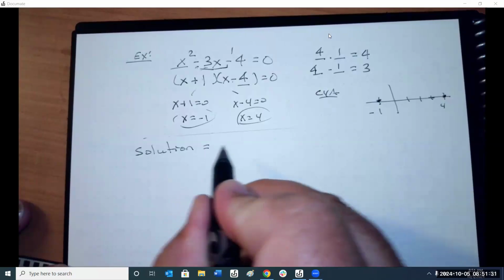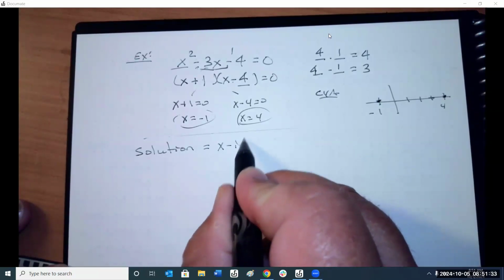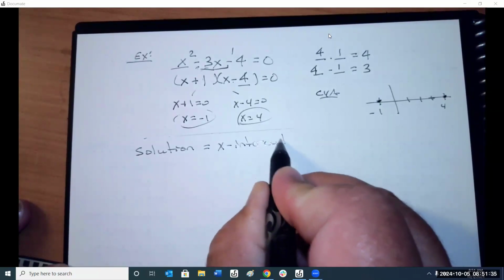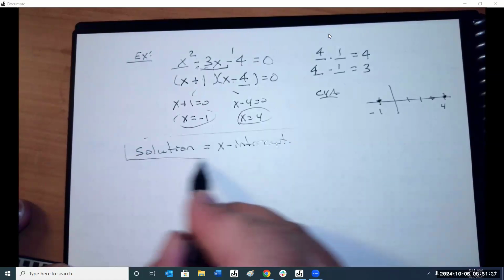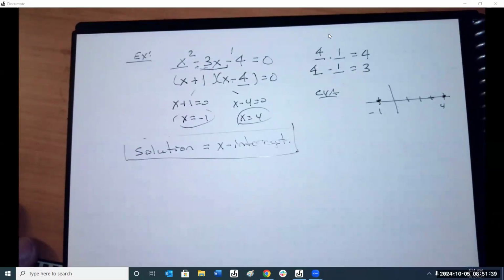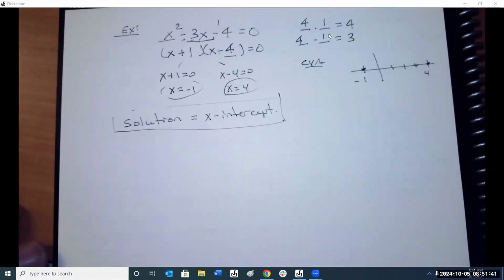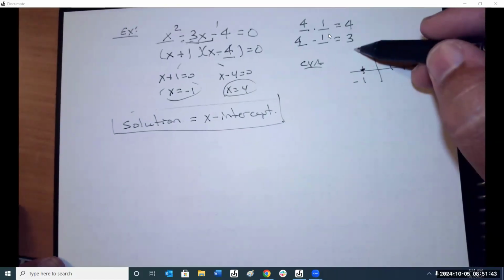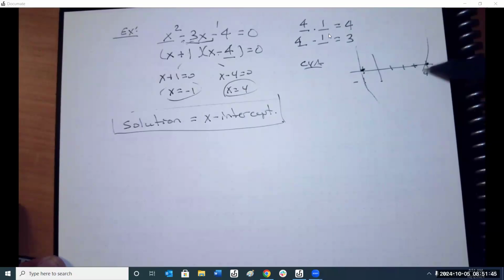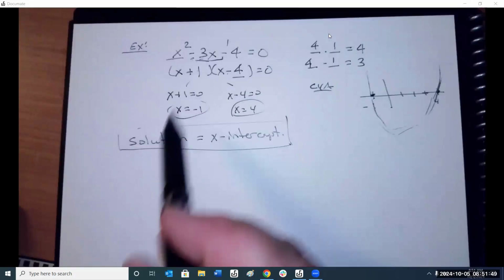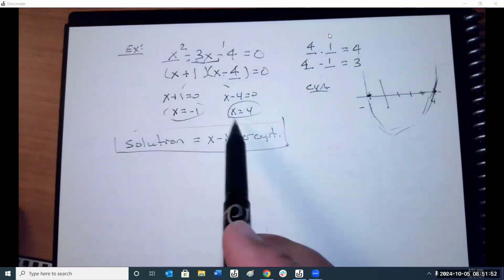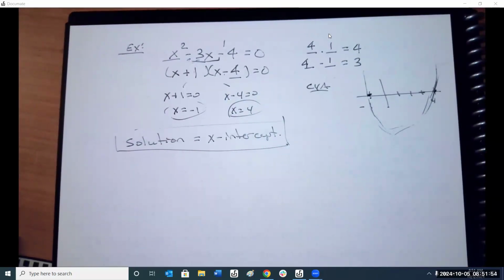So solution is the same thing as the x-intercept. So our graph will look something like this. Because it is a parabola, it's x squared. It tells us we have 2 solutions possible. It looks like this.